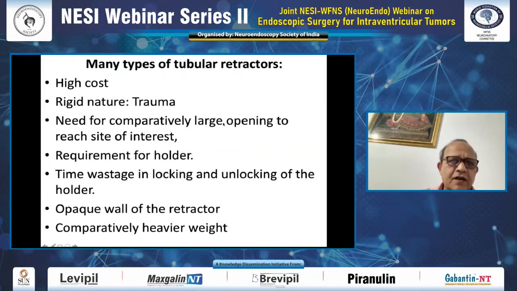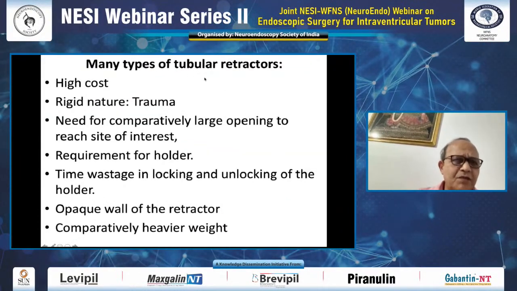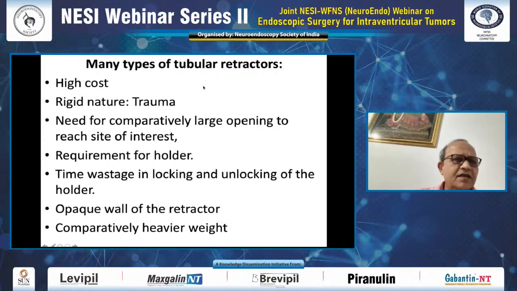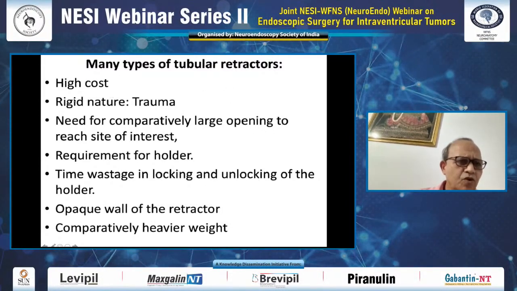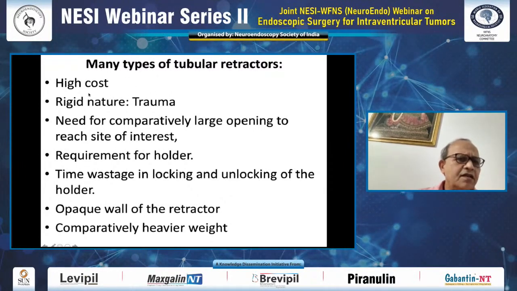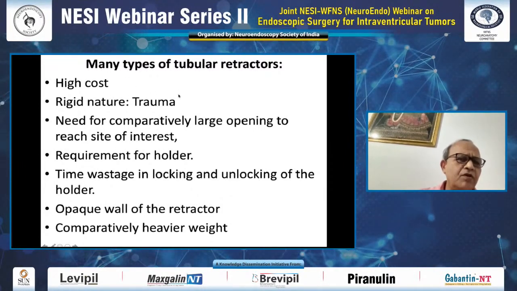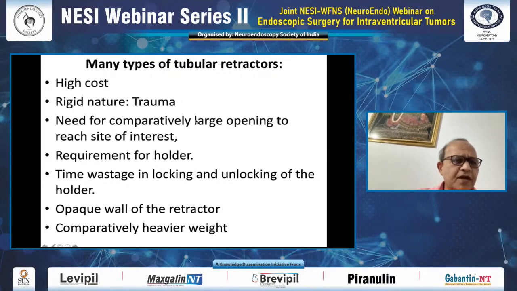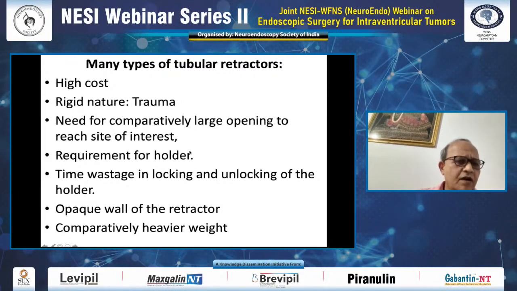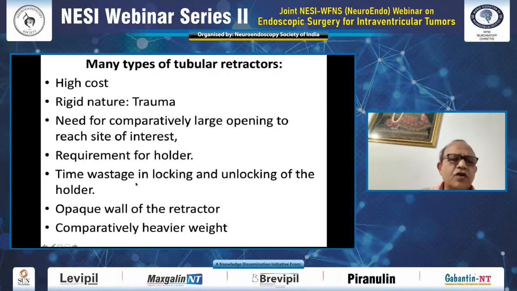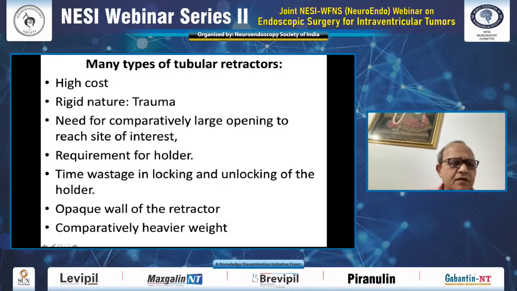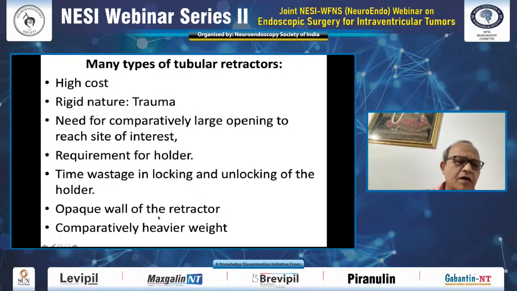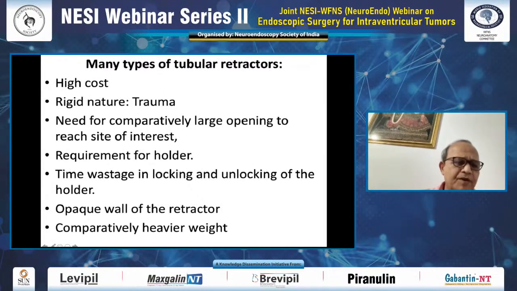We know that there are many tubular retractors available with advantages and disadvantages, but most of them are very costly. They are rigid, so liable to cause trauma, need comparatively larger opening, and require a holder. There is a time wastage in locking and unlocking, and some of them have an opaque wall, and they are comparatively heavier.